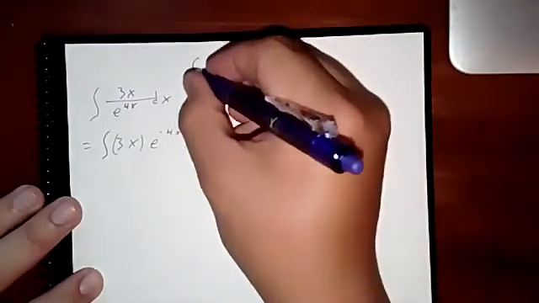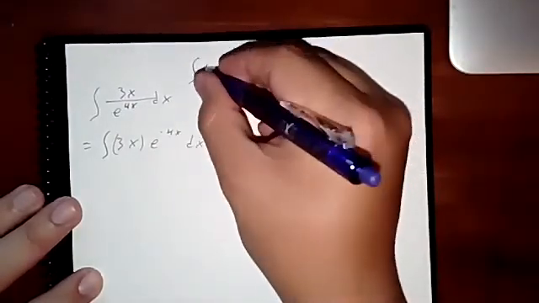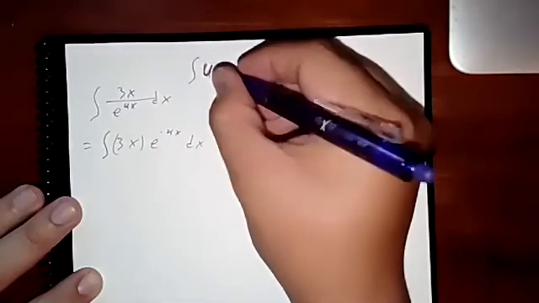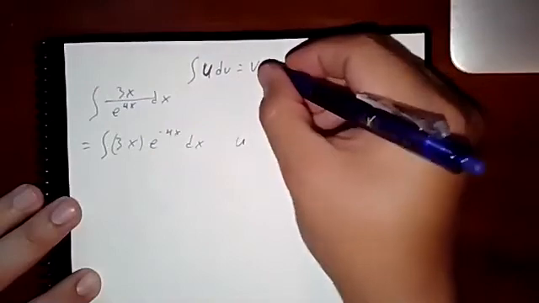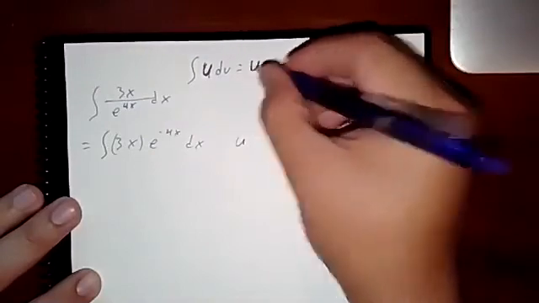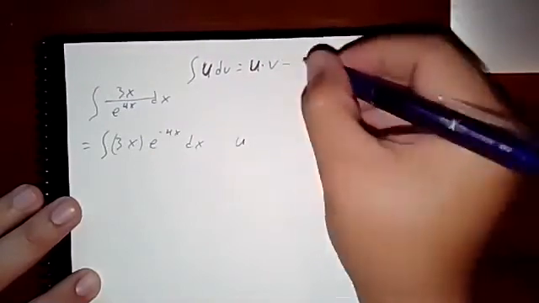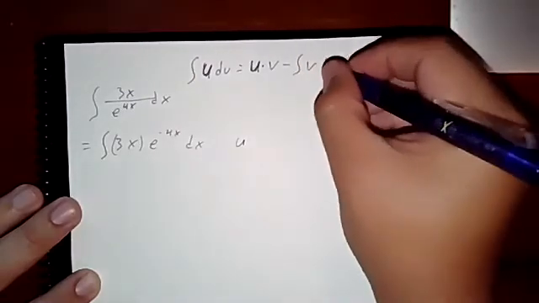Integration by parts is the integral of u times dv is equal to u times v minus the integral of v du.